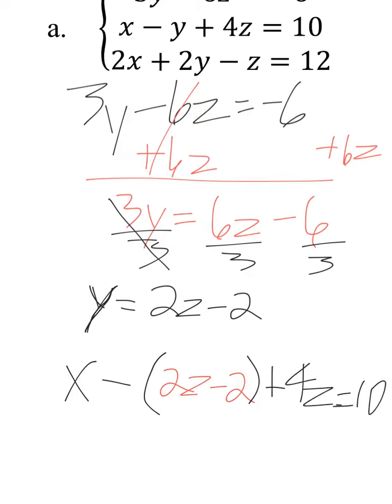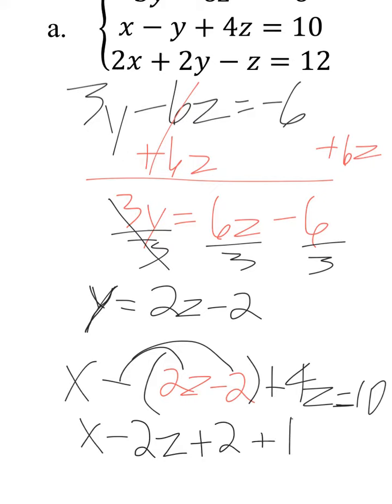All right? So if you have a minus sign in the outside, it's going to distribute to everything. So it says x minus 2z. And then minus a negative 2 turns into plus 2. And then I'll bring everything else down, so plus 4z equals 10.